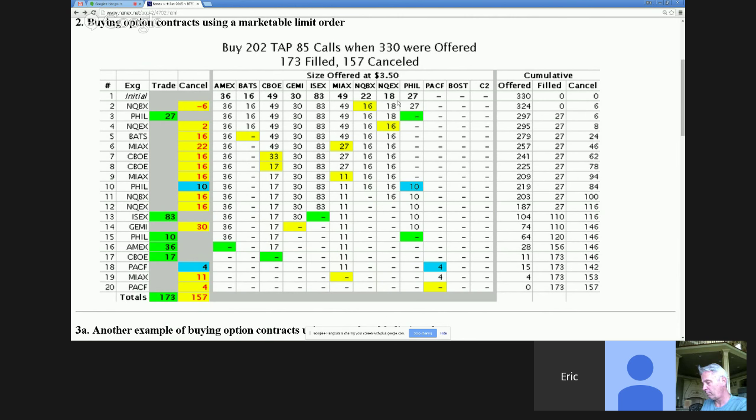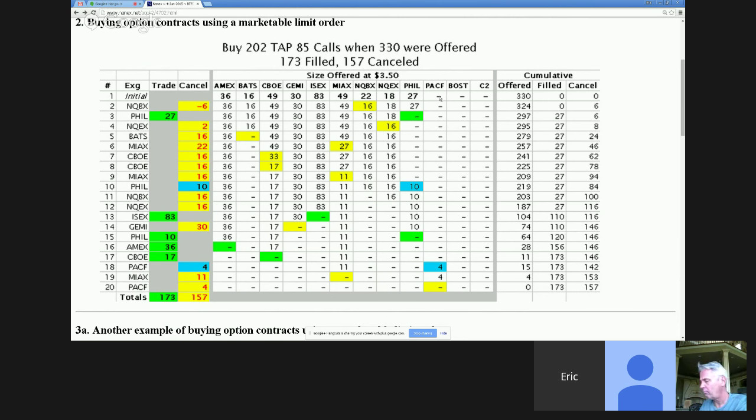And there are all these exchanges out there now in the options market, which there doesn't need to be. It's all just to fragment and allow this sort of behavior to go on. So the American Stock Exchange had 36 offered, BATS 16, CBOE 49, Gemini 30, ISE 83, Miami 49, NASDAQ Boston 22, NASDAQ 18, Philadelphia 27.